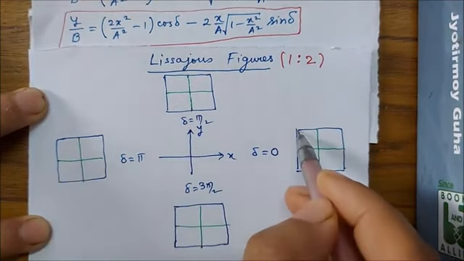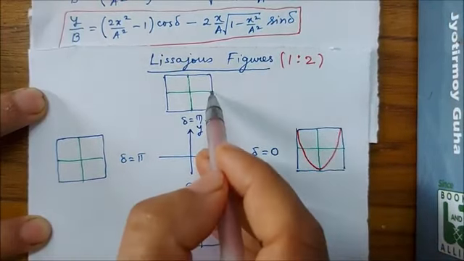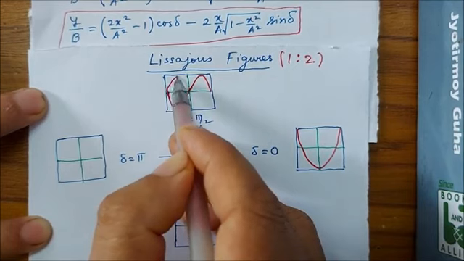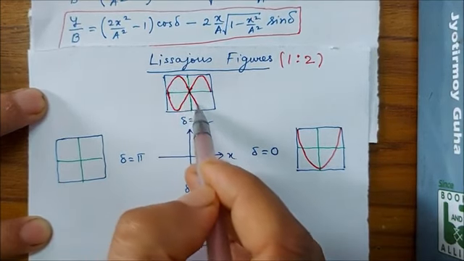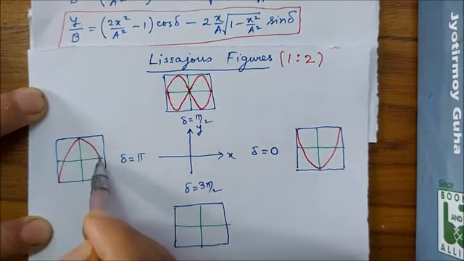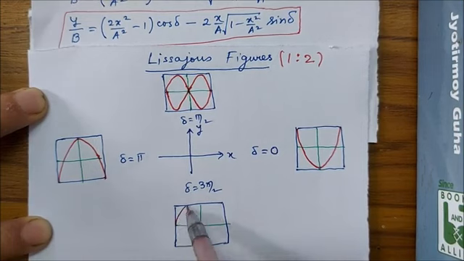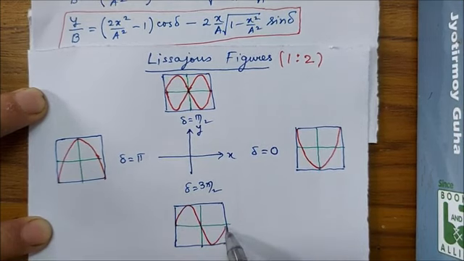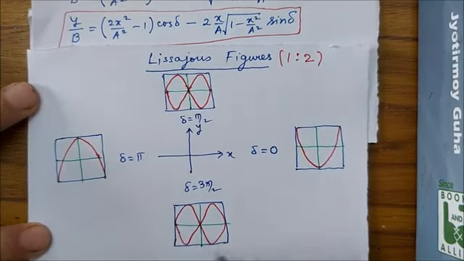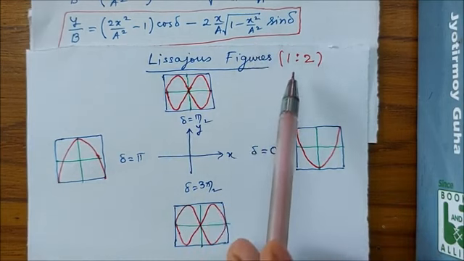Now the plot. And these are the plots that we obtained, represented by this equation corresponding to frequency ratio 1:2.